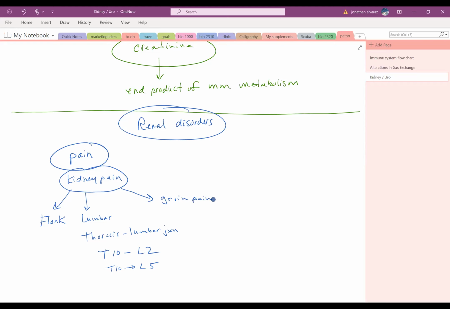So they're complaining of low back pain and flank pain, and I start doing the musculoskeletal exams and orthopedic tests. And I'm like, there's nothing there. Everything's fine. I don't feel anything wrong with the musculoskeletal system.